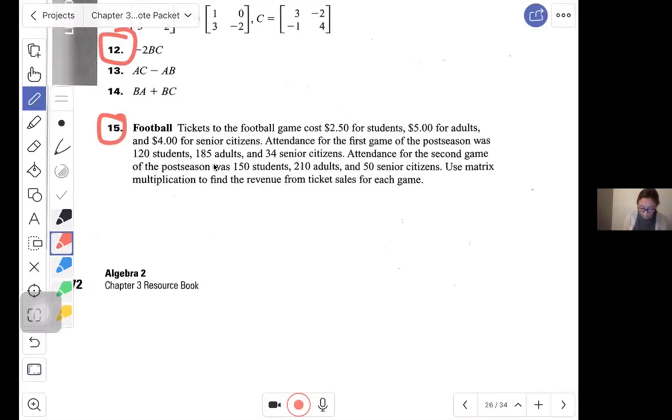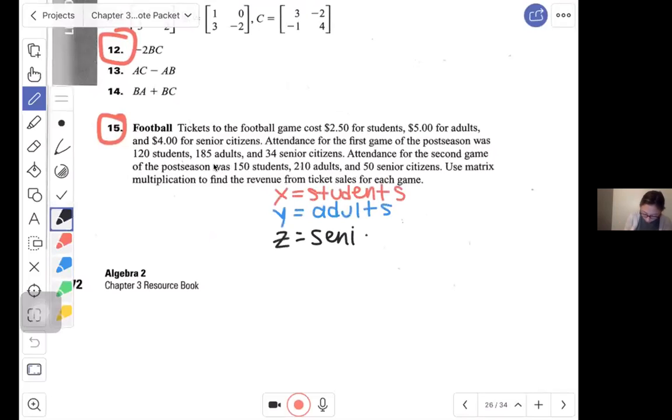So I'm going to go ahead and label our students X, our adults Y, and our senior citizens Z. So we have 3 different variables that we are taking account for.